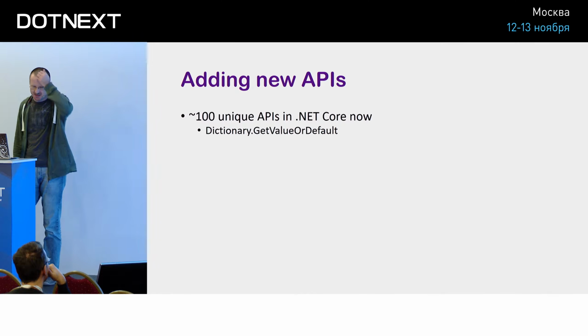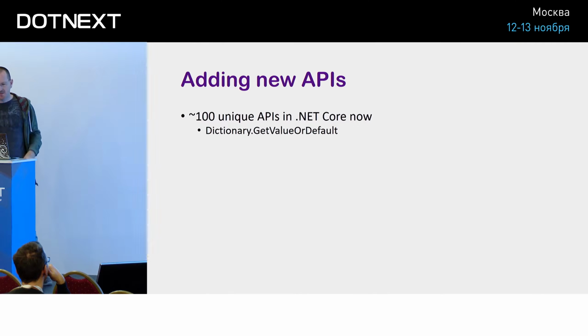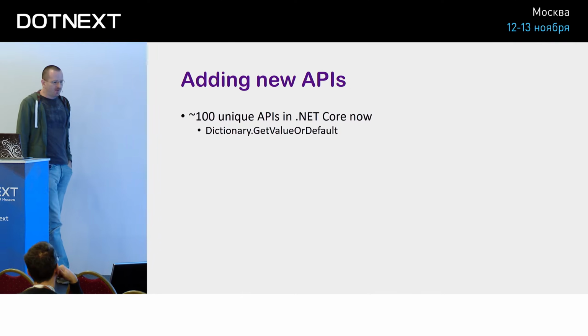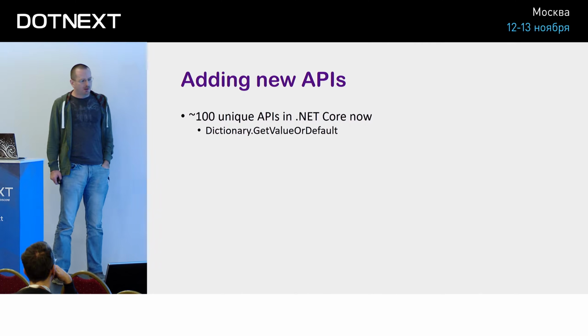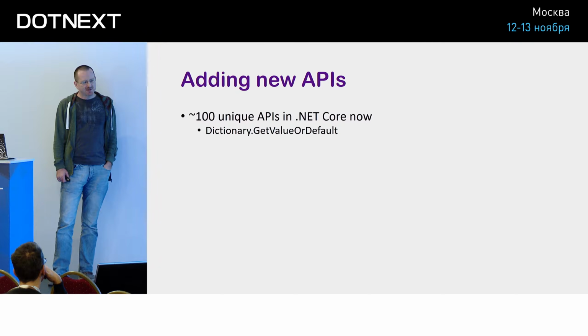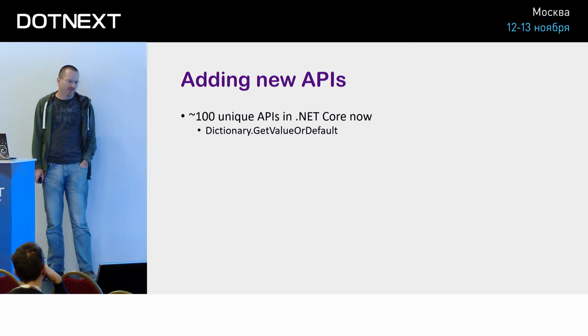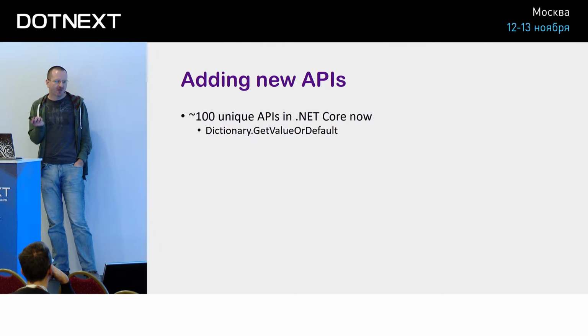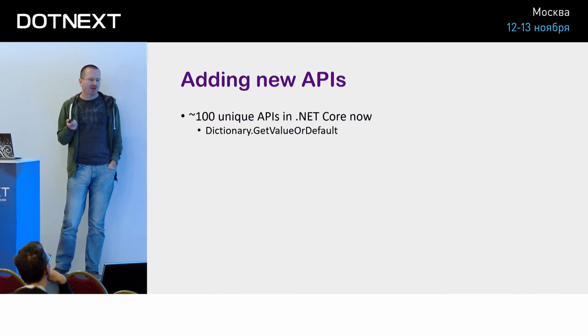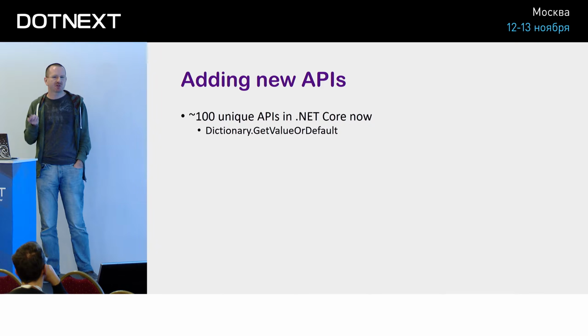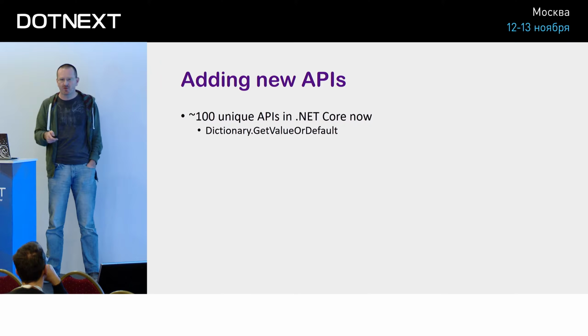All right, I mentioned APIs, so let's focus a little bit on the APIs. In .NET Core, I believe this is for 2.0, when I looked at that data, we have roughly so far added like 100 new unique APIs, which are not present in .NET Framework.